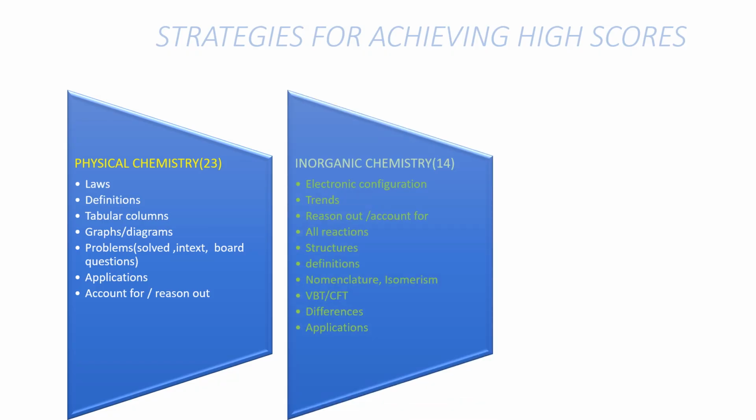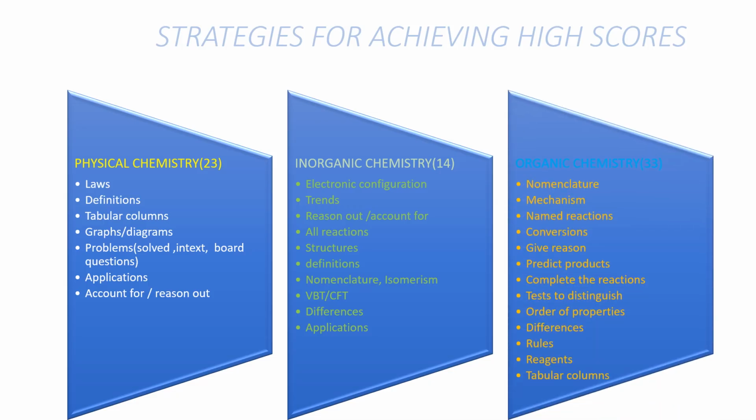To score high marks in inorganic chemistry, you have to study the electronic configuration of the elements, trends, reasoning type of questions, all the equations and reactions, structures, definitions, nomenclature, and isomerism in coordination chemistry, VBT theory and CFT theory, differences and applications.